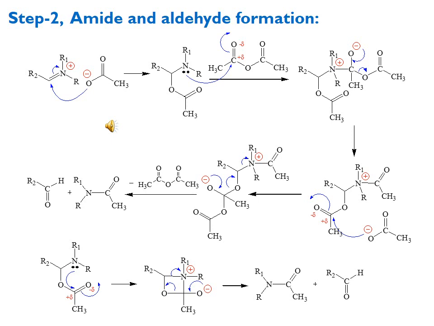Here was the question: in the first step you can see the products from where this reaction was started, that is the attack of acetyloxy group on the carbonyl carbon of the acetyl group, the alpha acetyloxy group. Alpha acetyloxy means the acetyloxy group which is attached to the alpha carbon of the nitrogen.